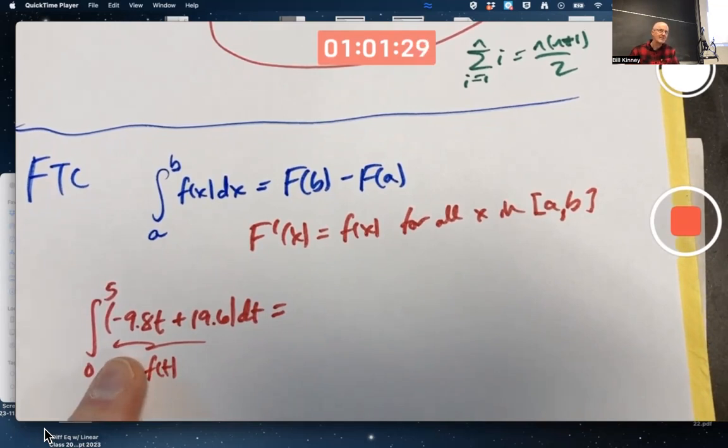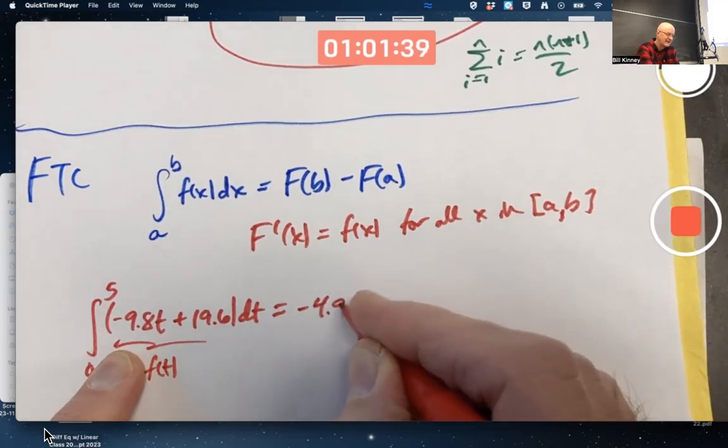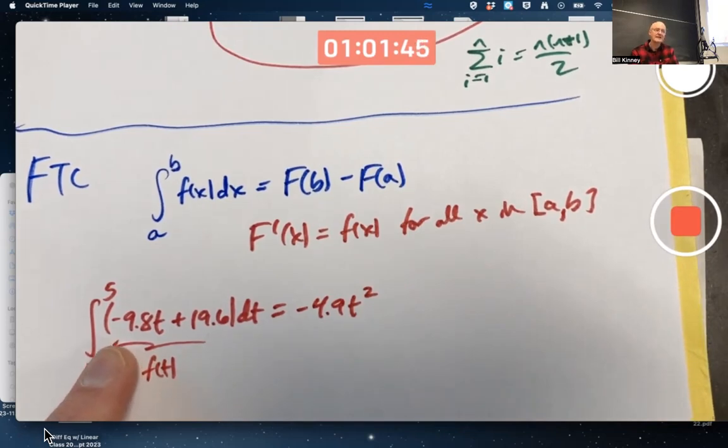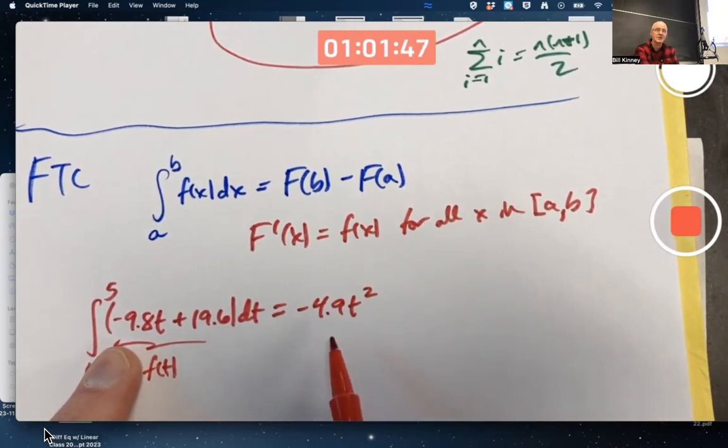Do it in your head. Negative 9.8 t squared over 2, right? Negative 4.9 t squared is an antiderivative of negative 9.8 t. You can always check that by differentiation.